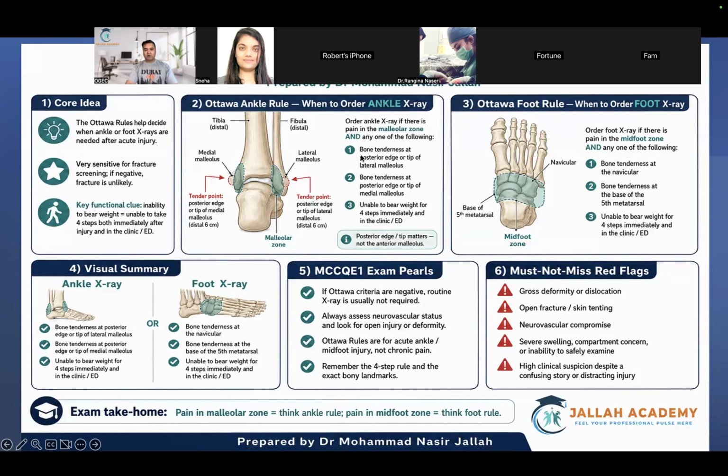Okay. So number 1, bone tenderness at the posterior edge or the tip of the lateral malleolus, or bone tenderness at the posterior edge or the tip of the medial malleolus. For the foot, any tenderness in the midfoot, navicular, and also 5th metatarsal, then you have to do the X-ray.